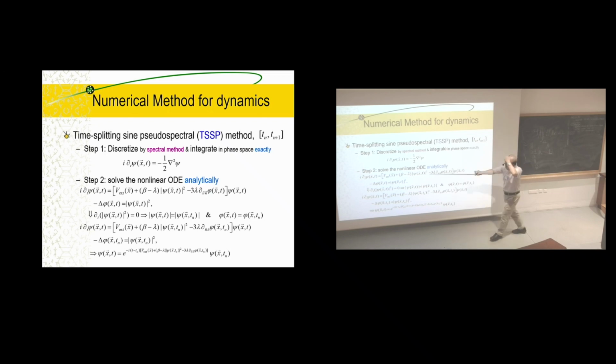And for the second step, you solve this one. And here, the good thing is that if you multiply by psi conjugate on both sides, you will find d/dt of the absolute value of psi squared equals 0 for any fixed x. So this shows that after this splitting step, the density pointwise doesn't change. The only change is the phase.